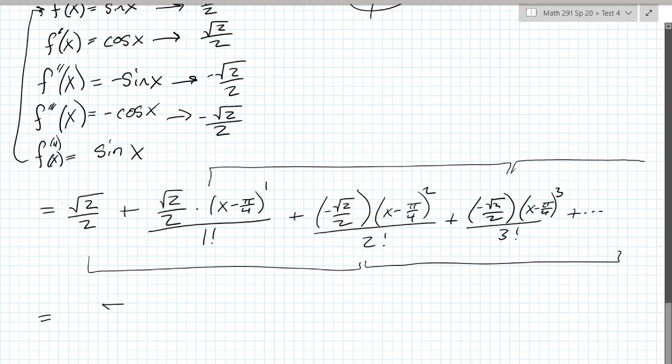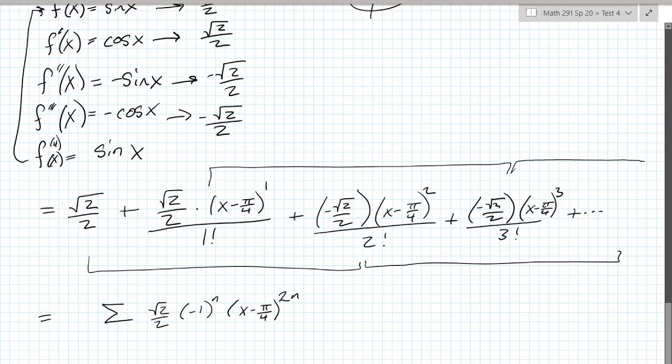So our first sum is going to be the square root of 2 over 2 times negative 1 to the n times x minus pi over 4 to the n. Now notice we've got to have our n's as even numbers.